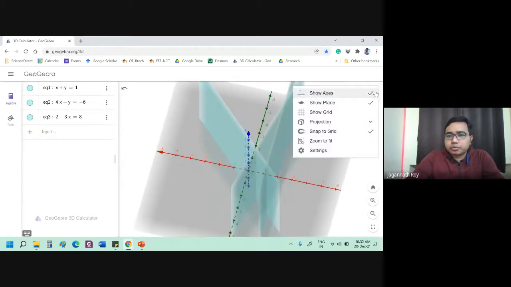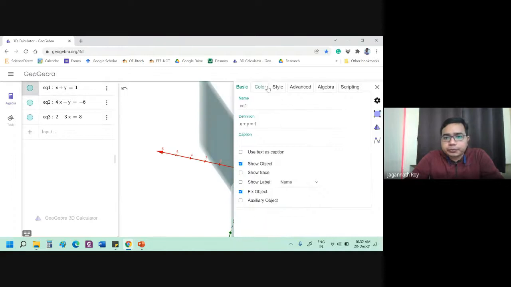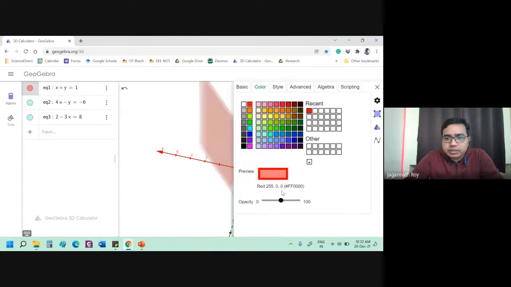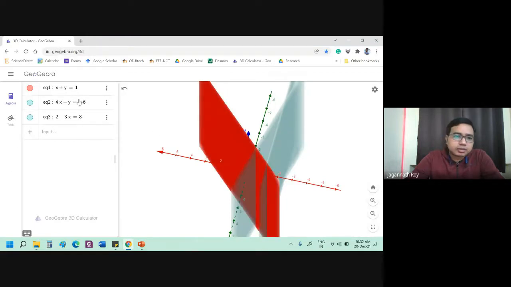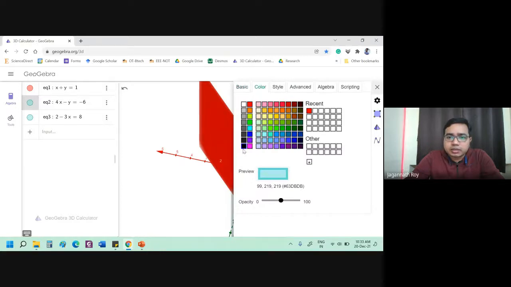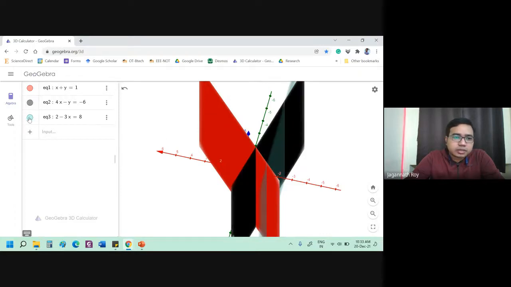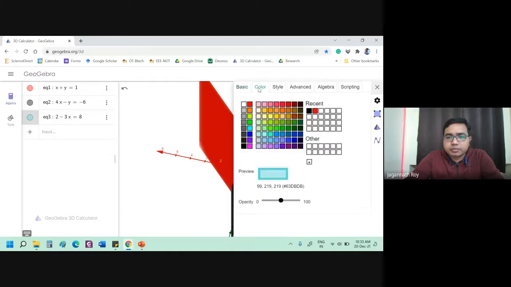So you have to make the color adjustment so that you can get a better view. Go to colors, make it 100%, fill it 100%. Okay. Go to other color. Maybe you can put a black color. Fill it 100%. And the third is, okay, of this form.